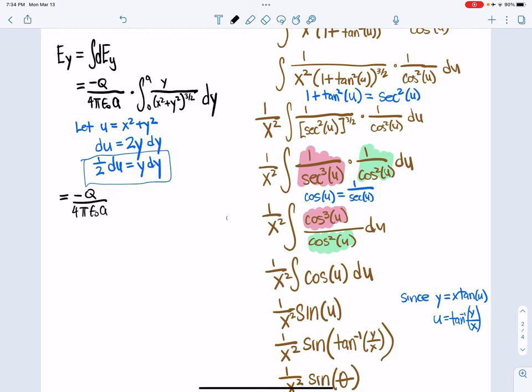And then the 1/2 I'm going to take out as well, so times 1/2 the integral of, well, y dy, that's 1/2 du, so that's du right there. I have the 1/2 right here. And then that would be 1 over u to the 3/2. There you go.